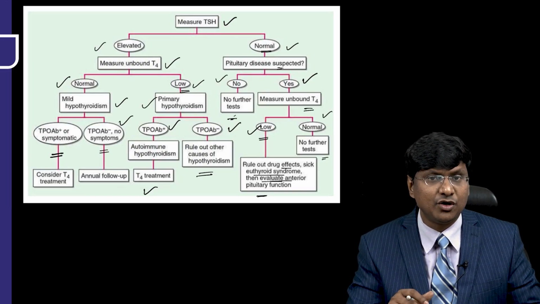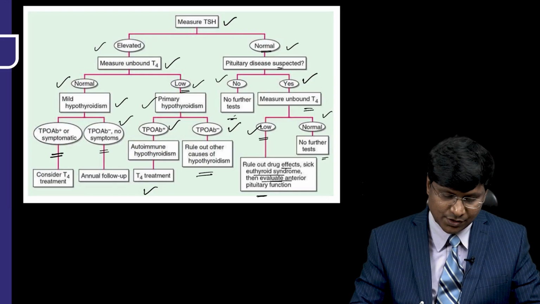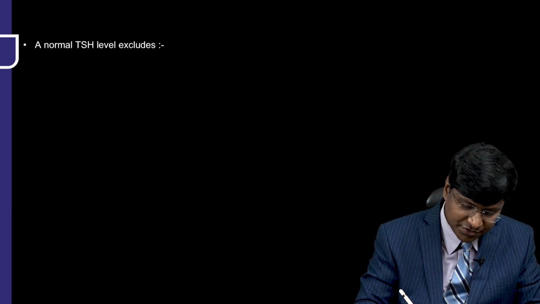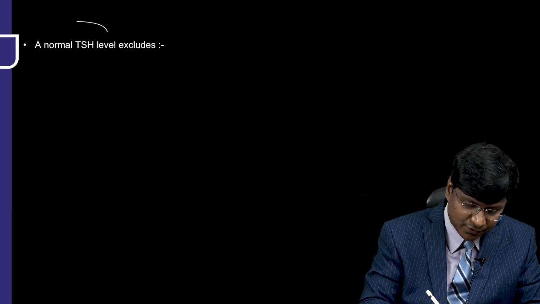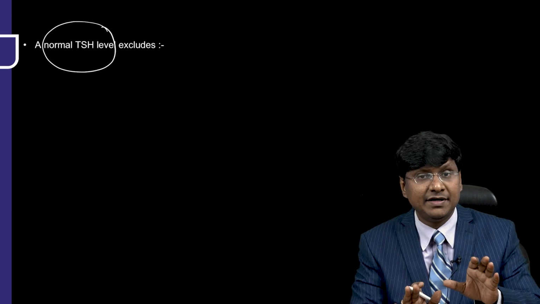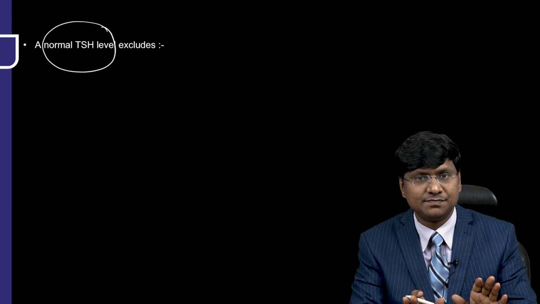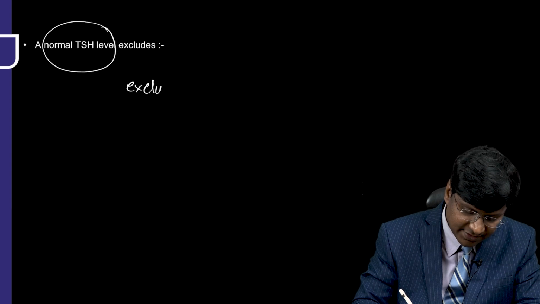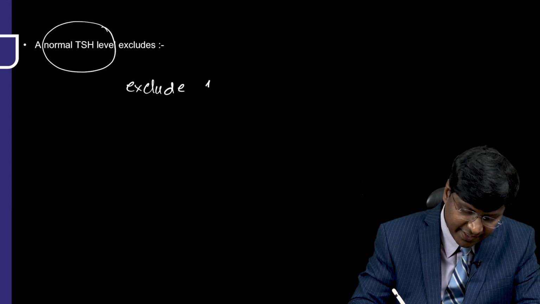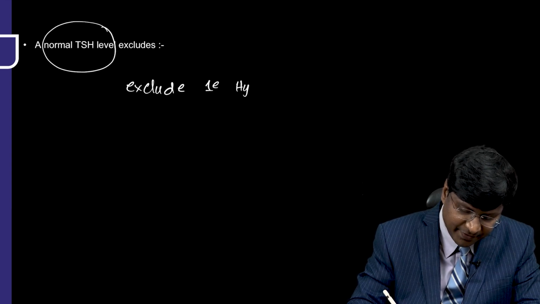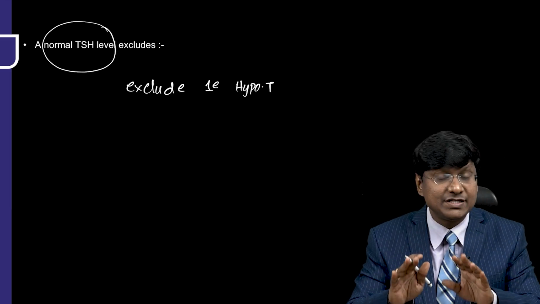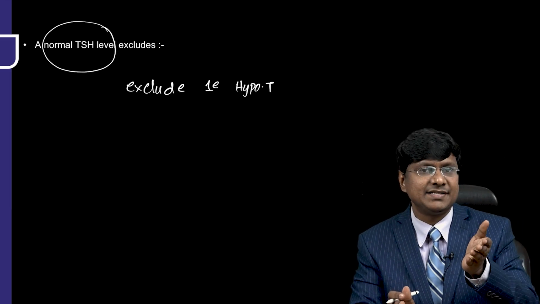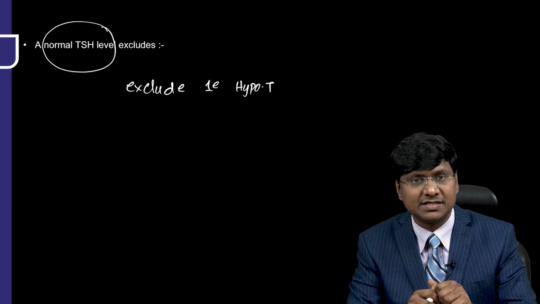Now let me elaborate this table in detail. First and foremost, you need to check the TSH. If the individual has normal TSH levels, that will exclude which form of hypothyroidism? That will exclude primary hypothyroidism, because in primary hypothyroidism, there is always an increase in TSH, not normal TSH levels.